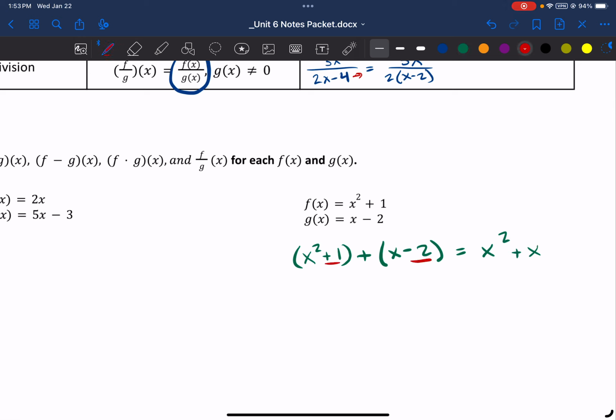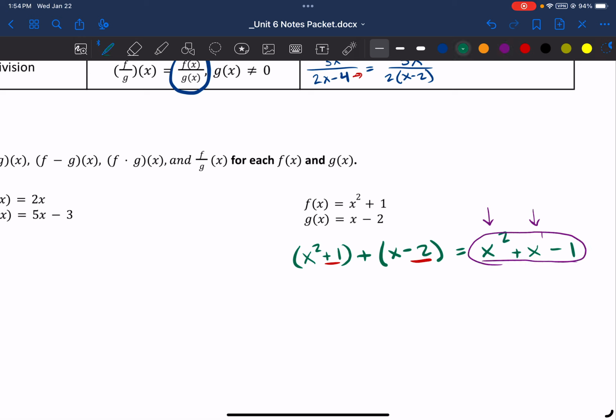These are like terms there. Okay, notice I wrote this in the normal form we've seen all year with the largest exponent first, the next exponent second, and then our constant, just a regular term, out back. Now, this looks like a binomial problem, but we're not going to factor it. This will just be our final answer.